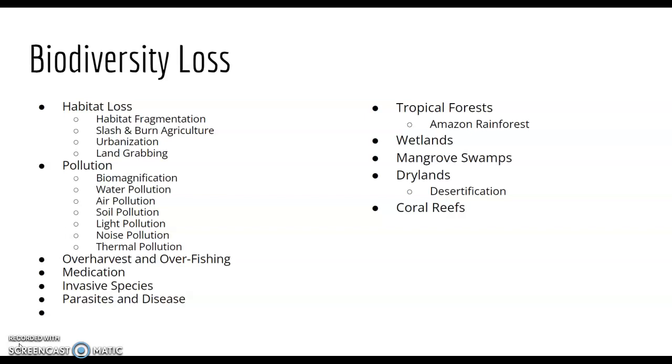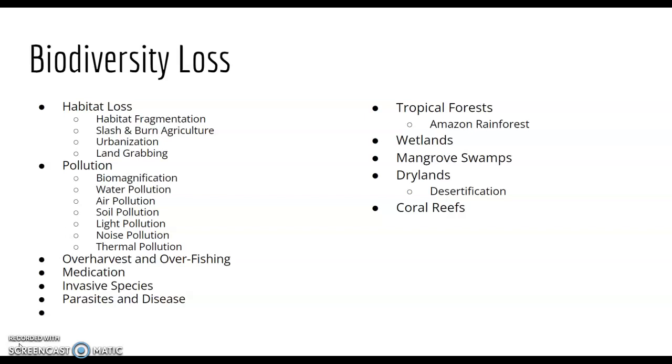Pretty much with biomagnification, for example with plastic, the plastic just gets more built up in an animal system, so it's very bad. Some other reasons for biodiversity loss include overharvesting and overfishing. Some people use animals for medication. Another reason for biodiversity loss is invasive species.